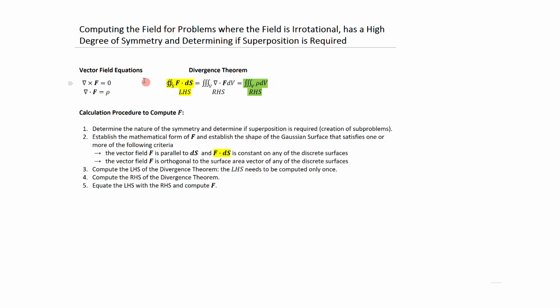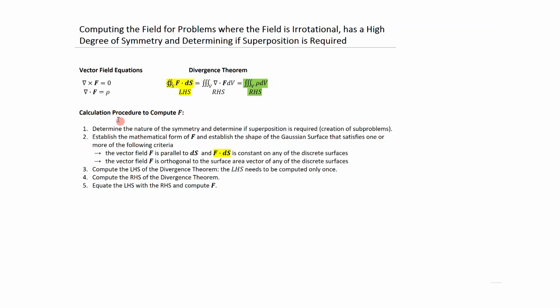We were able to apply the divergence theorem, and the left-hand side was just a closed surface integral, which we call the Gaussian surface. And on the right-hand side, we end up with the total charge enclosed by this closed surface.